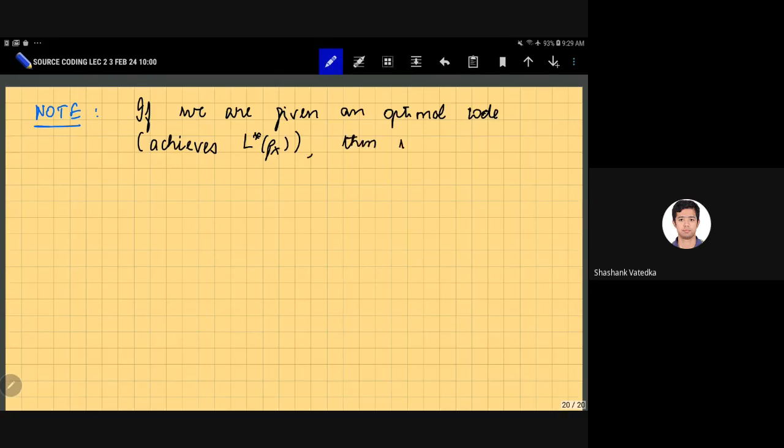Then we can construct another optimal code, possibly different, but which is also canonical.